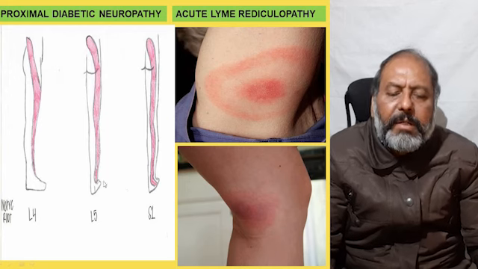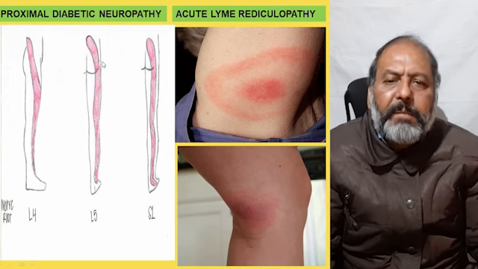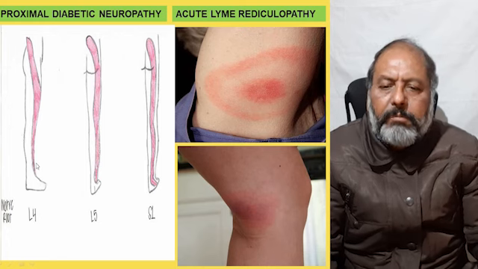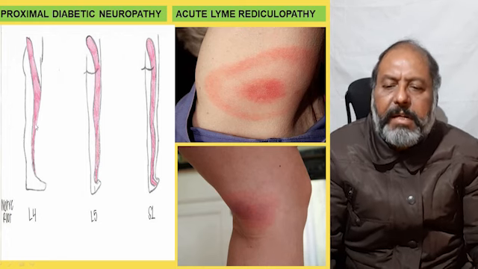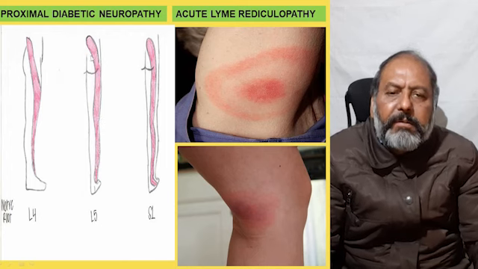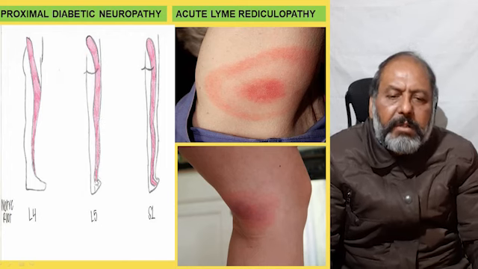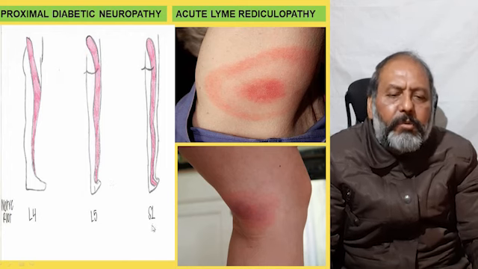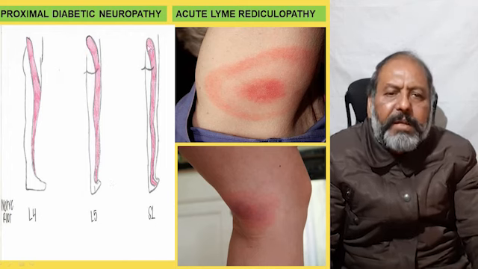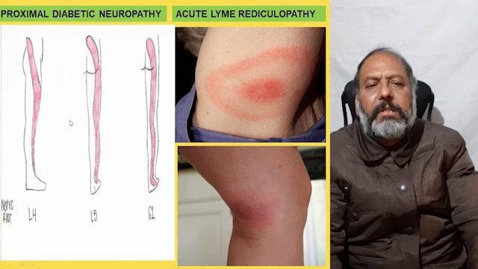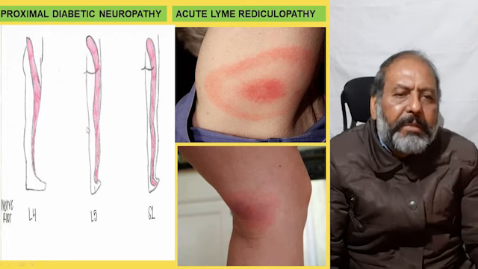So here one can see the proximal diabetic neuropathy. If L4 is involved, the pain will be in this area, and if there is L5 involvement, the pain will be up to the foot at this area, and if there is S1 involved, sacral one, the pain distribution will be up to the foot, and from this pattern of the pain, one can check the diabetic neuropathy.